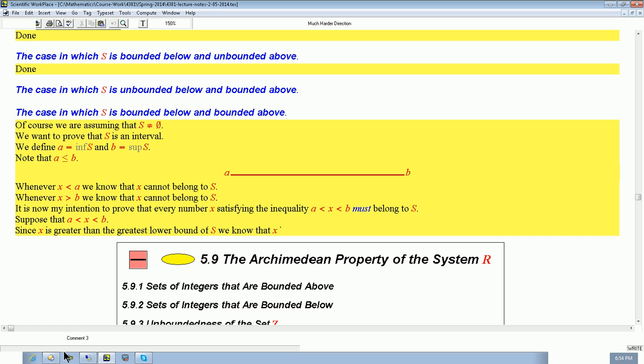If you're greater than the greatest, you're not one of them. We know that X cannot be a lower bound of S.